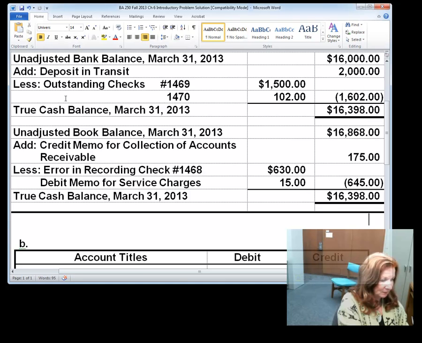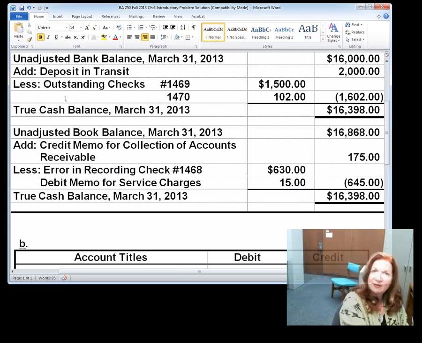When we look at the bank statement, it's the very first check. So it was cleared. It's fine. So we have 62, 63, 64, 65, 66, 67. We have a debit memorandum. We have 68, check number 68. So that was the last check that cleared the bank, check 1468.